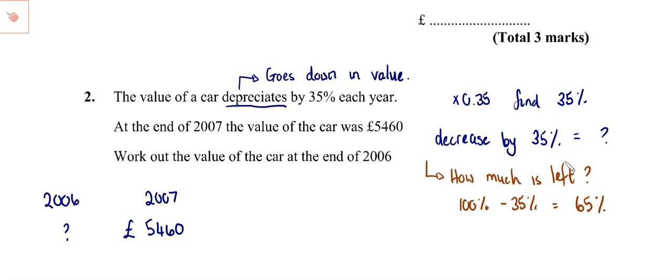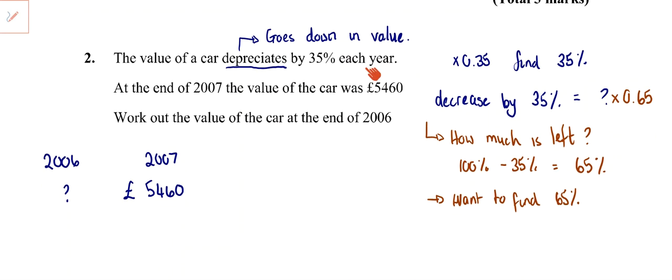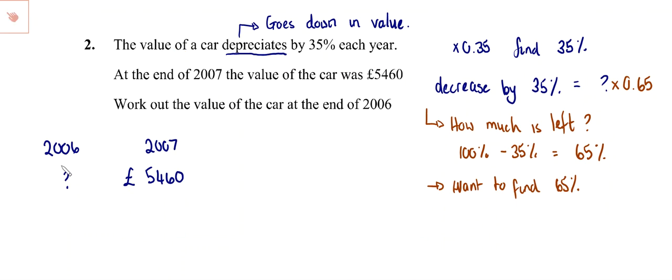So to decrease by 35%, you actually want to multiply by 0.65. So, in our question here, from 2006 to 2007, it would have been multiplied by 0.65 because it depreciated by 35%.